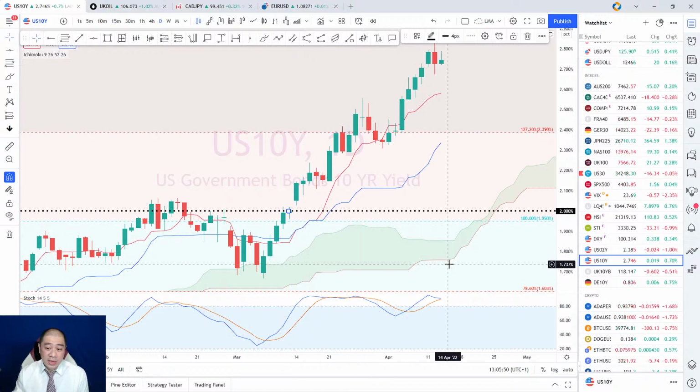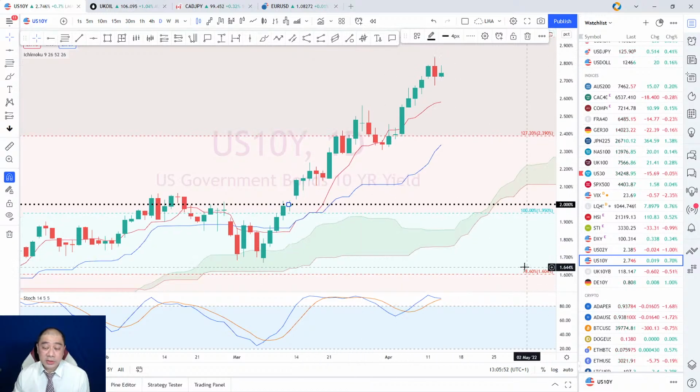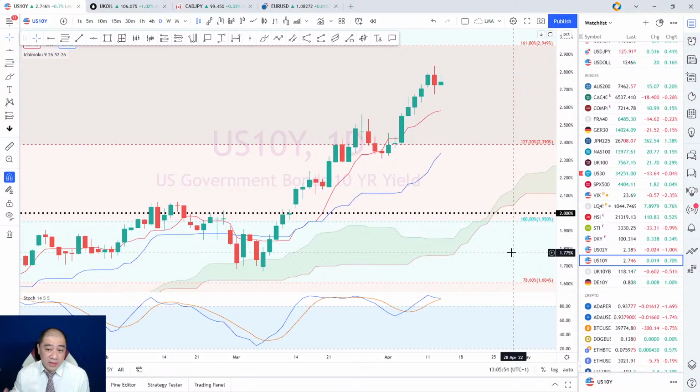So the yield is actually strong. This tells me one thing. There's a lot of things, but one of them is this. The currency market has not priced in how hawkish the FOMC is going to be. In terms of interest rate hikes, projected hikes are going to be 50 basis points for May, and then there's potential of another 50 basis points in June.